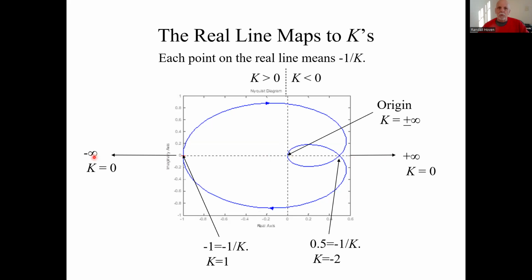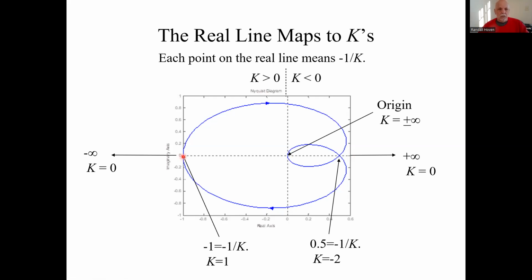Everything in the left half plane maps to a positive k. Everything on the right-hand side maps to a negative k. It's kind of backwards. Out at the infinities is where k equals 0, and here at the origin is where k equals plus or minus infinity. Again, it's kind of the opposite, because we have a reciprocal relationship and a sign change.